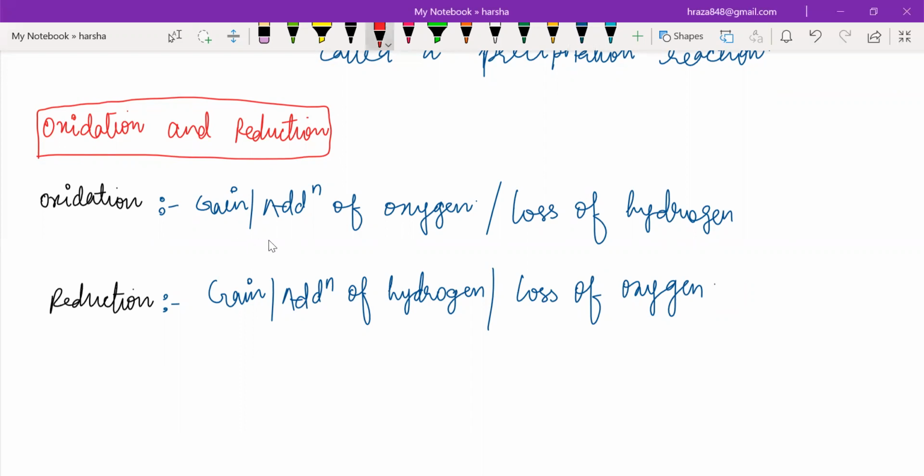Okay, now when we talk about oxidation, there is another important definition. Is it necessary to have the presence of hydrogen or oxygen in every reaction? Is it compulsory?